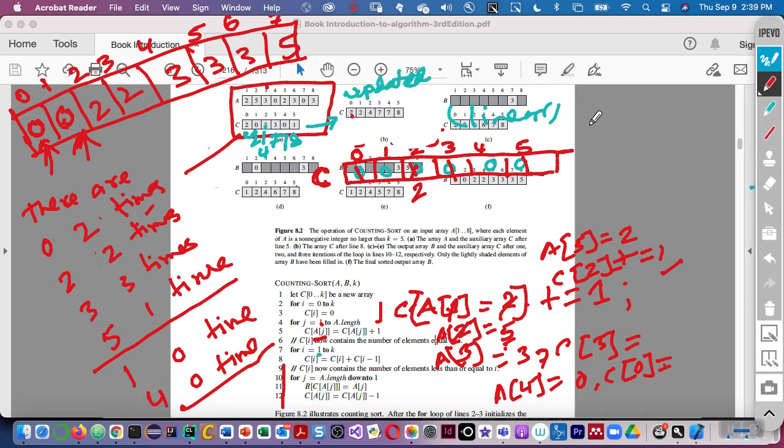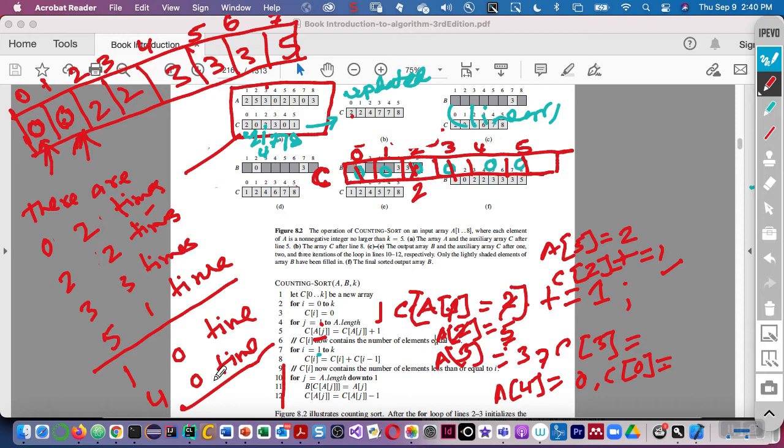So what we are getting from this updated count array is telling me that if there exists an element with this index, its value will be the position of the last occurrence, if that exists. But for some cases it does not exist. We saw that 1 and 4 do not exist, right?